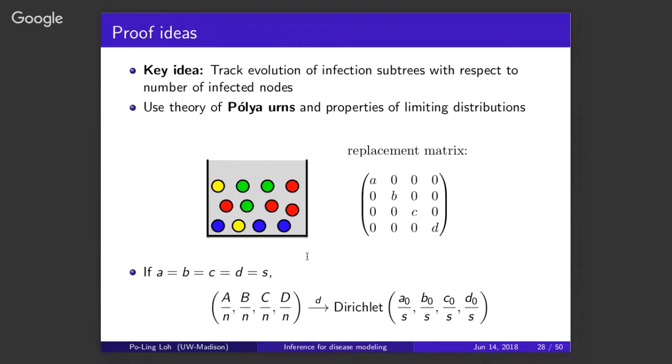And it turns out that this converges in distribution to a Dirichlet distribution. This is the case if our matrix is diagonal, and not only diagonal, but a multiple of the identity. And the dependence on the initial conditions is just that the parameters of the Dirichlet distribution depend on the initial states, the number of yellow, green, red, and blue balls, which are A0, B0, C0, D0.